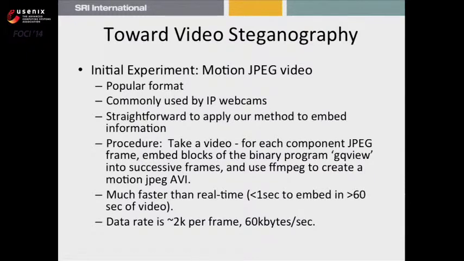So the easiest experiment that we could do was to look at motion JPEG video, which is really just a sequence of JPEG frames. So it's pretty easy to adapt what we're doing to that video format. So we took a video, we embedded blocks of the binary program GQ view into successive frames, and then just looked at what it would look like if you played this video back.